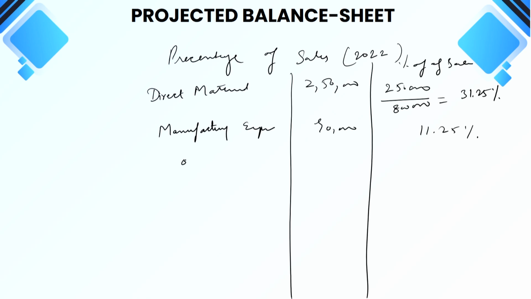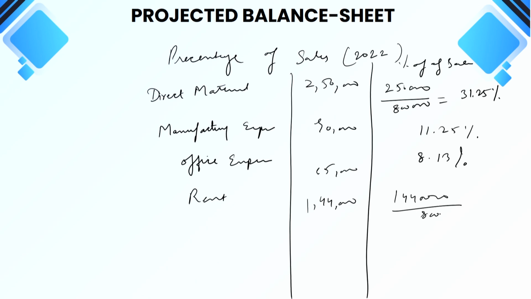Then we have the office expenses, which would be 8.13% of 8 lakhs. Then we have the rent, which is 1,44,000. So 1,44,000 in comparison to the sale of 8 lakh would be 18%.